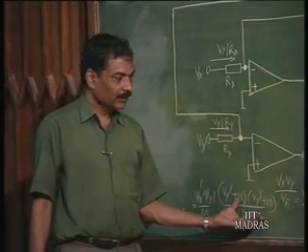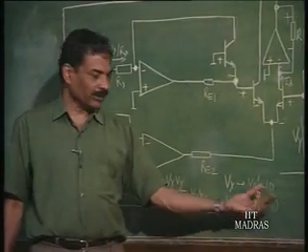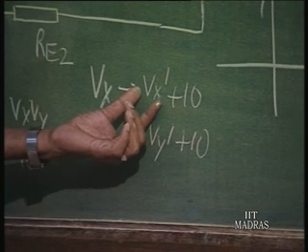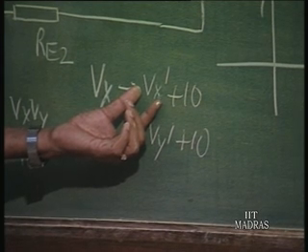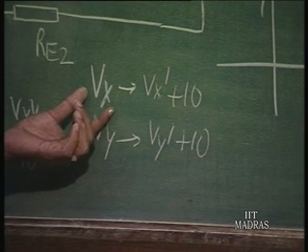Once again, we made Vx is equal to Vx dash plus 10 volts, so that Vx dash can vary from plus 10 to minus 10 volts as desired by us, when Vx is going on varying only from 0 to 20 volts, because it is single quadrant.